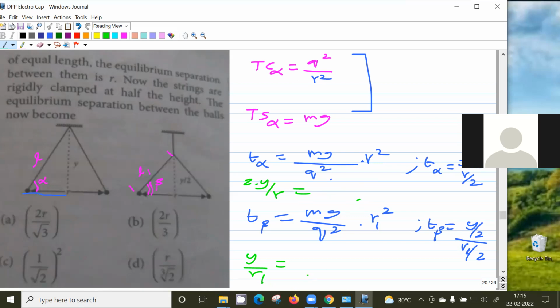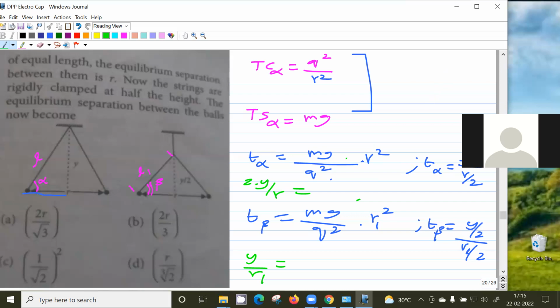So now if I divide these two, I'll get r cube by cube root of 2. If I divide this, I'll get cube. So this r will go here, so it'll become r cube. We have to take tan alpha by tan beta. If you divide these two, what will we get? r by cube root of 2, r1. Right, let me try that.